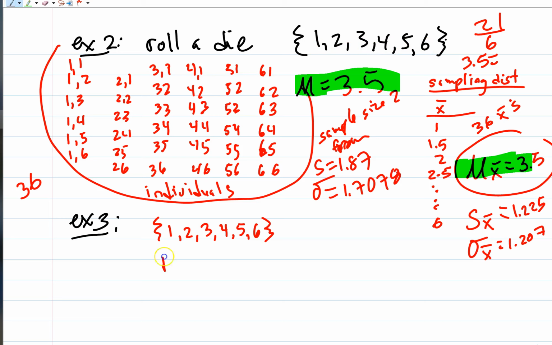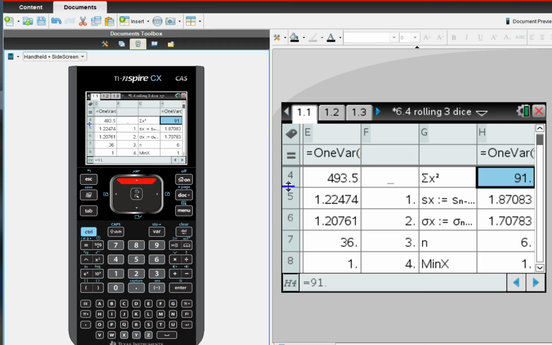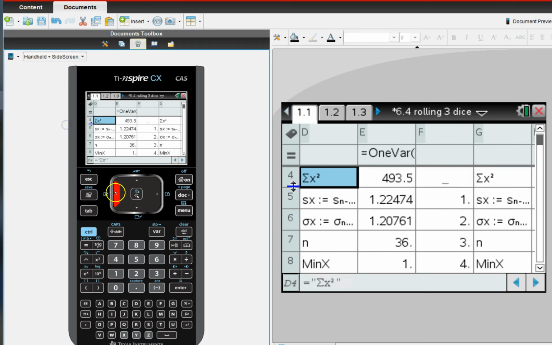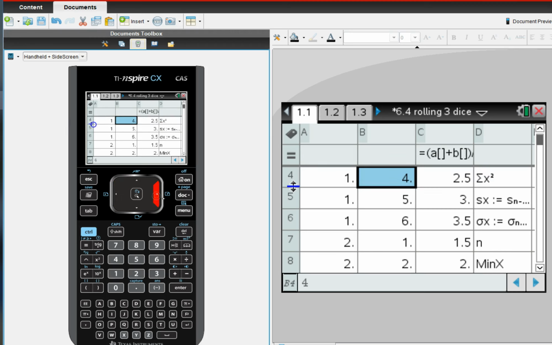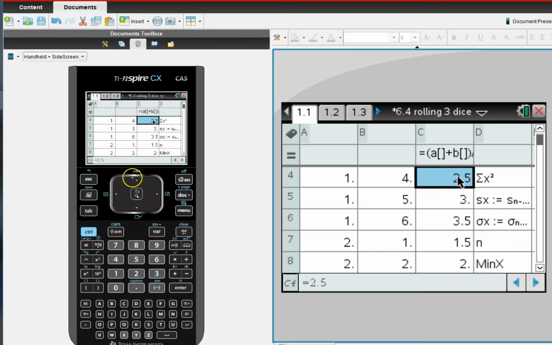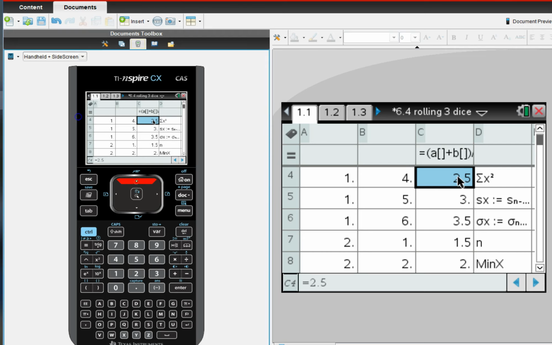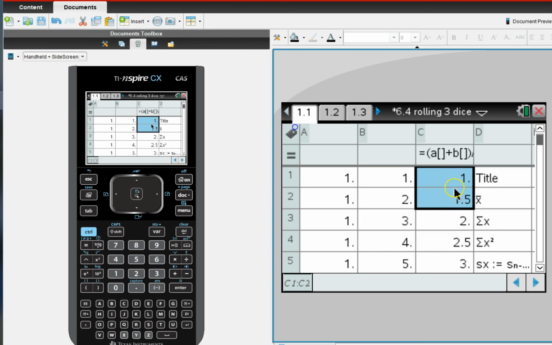Well, the proportion of 6's is 1 out of 6, correct? Well, what if I took each of these samples and I made a collection of proportions? Okay, so I'm going to go back to the original data here. And what I want to do is I'm actually going to, rather than find a collection of means, clear this out and we're going to do a collection of proportions.